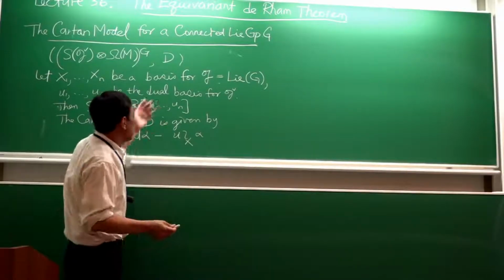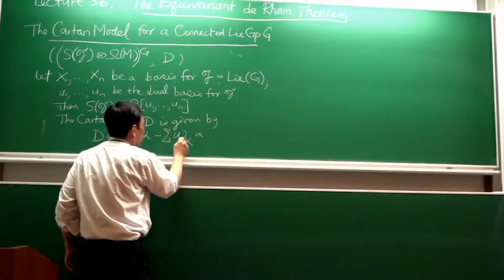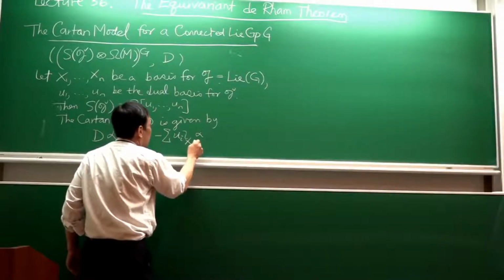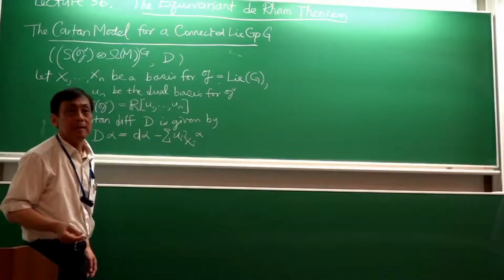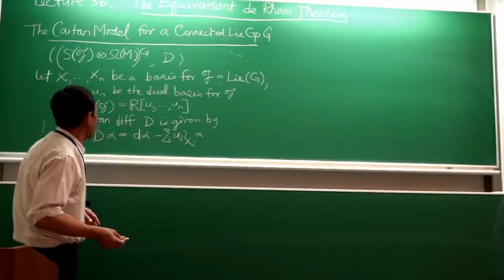But in general, what you have is the sum of u_i i_{X_i} alpha. Okay, so that's the formula for the Cartan differential.